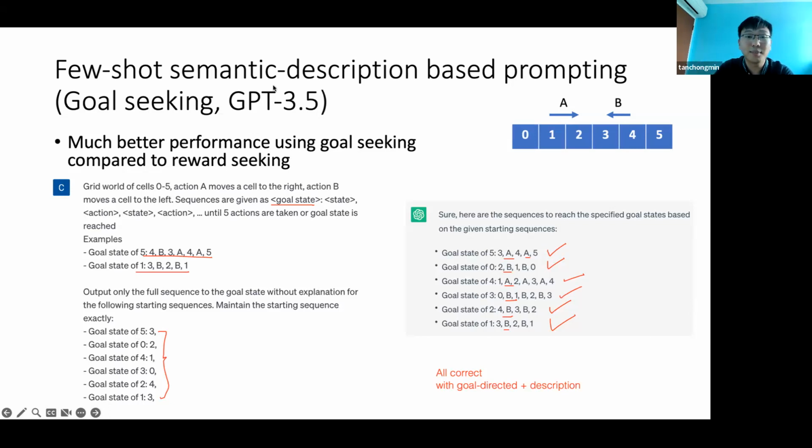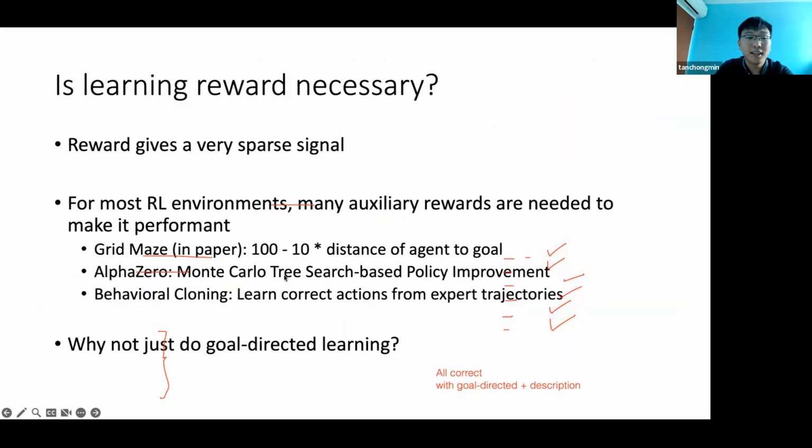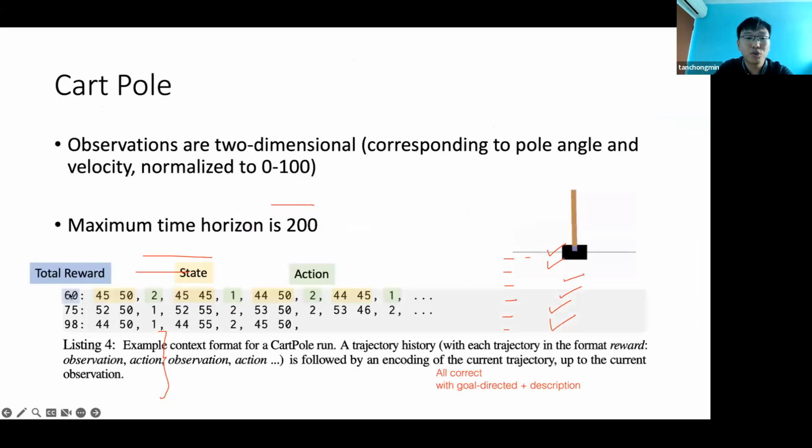If you give some arbitrary reward like over here, like 60, 75, 98, what is the AI going to learn? The AI is just going to learn, oh my gosh, what a big number. What does this mean? But if I give it as a goal, the goal is to balance the pole. That's a way easier goal to achieve.